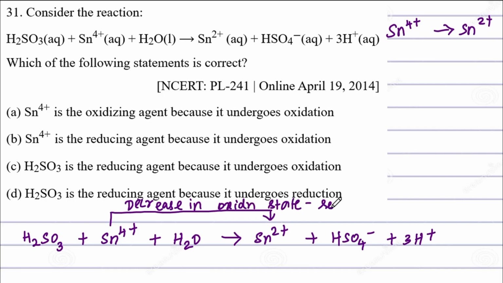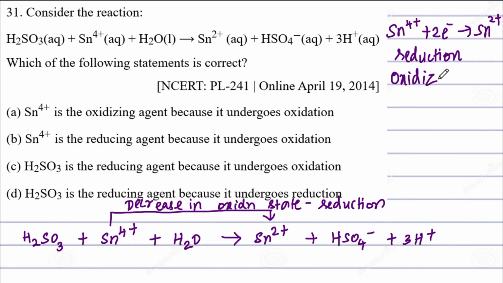What is a decrease in oxidation state? It is reduction. So tin in +4 oxidation state has gained 2 electrons, so it has changed to +2 oxidation state. So here tin undergoes reduction, and whenever a species undergoes reduction, it acts as an oxidizing agent.